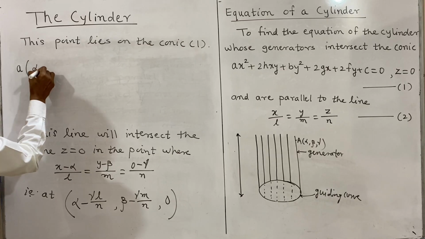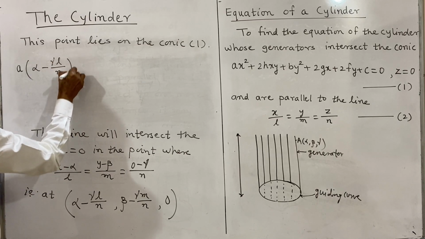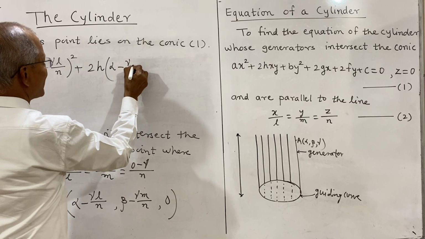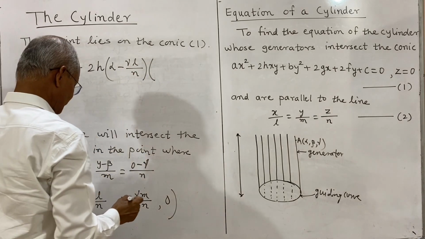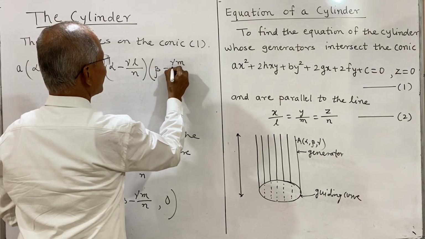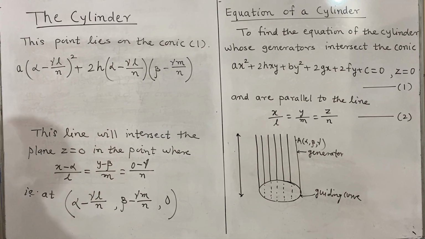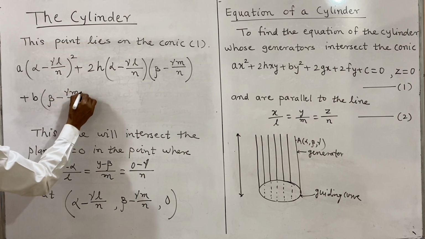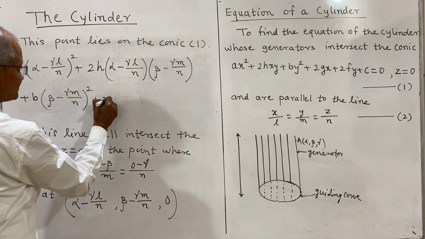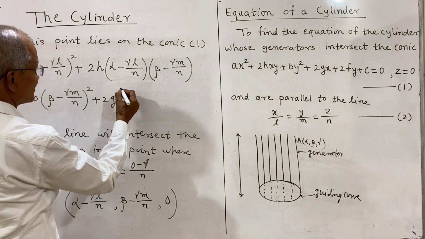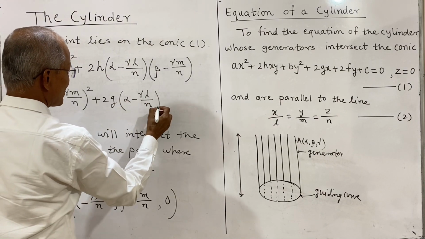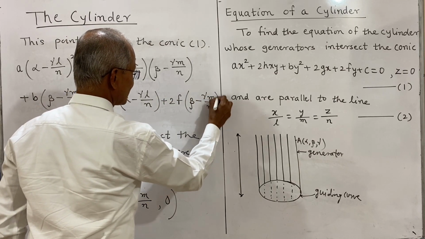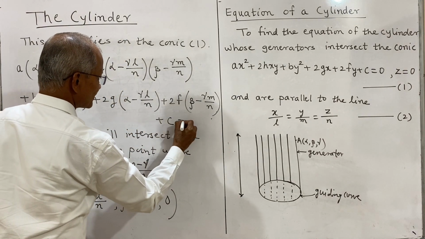A into x is (alpha minus gamma L divided by n) whole square, plus 2h, x is alpha minus gamma L divided by n, and y is beta minus gamma m divided by n, plus b into y square, means (beta minus gamma m divided by n) whole square, plus 2g into x, x is again alpha minus gamma L divided by n, plus 2f y, y is beta minus gamma m divided by n, plus c, and is equal to 0.